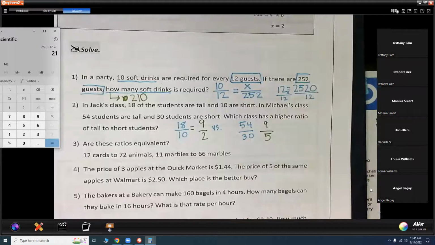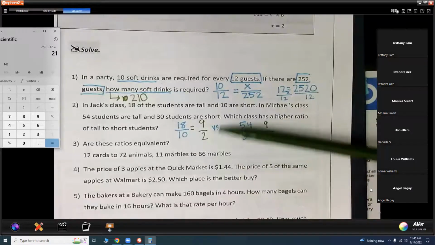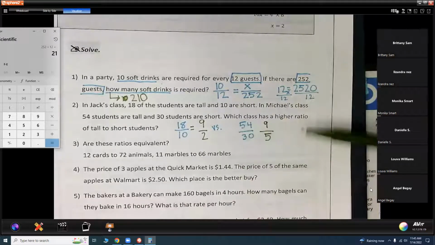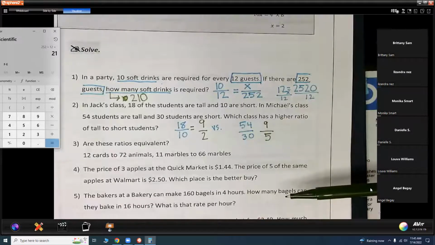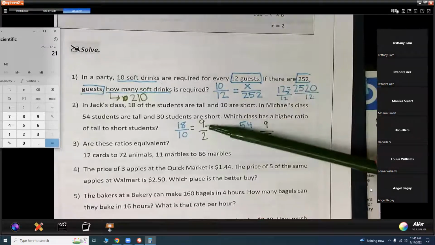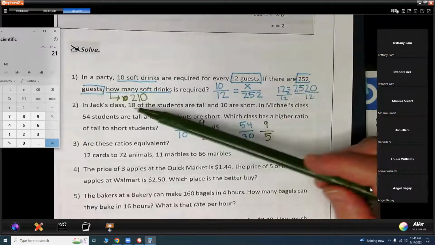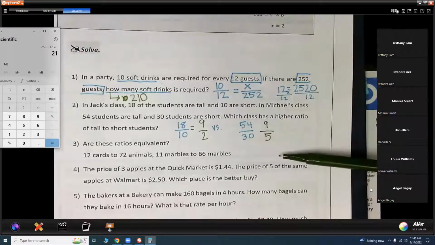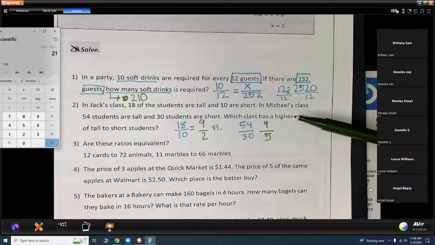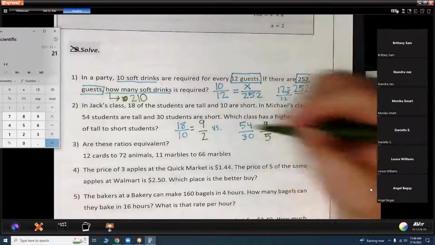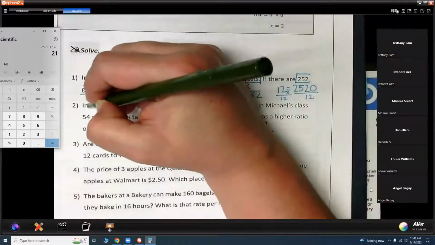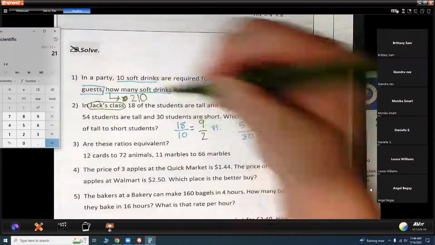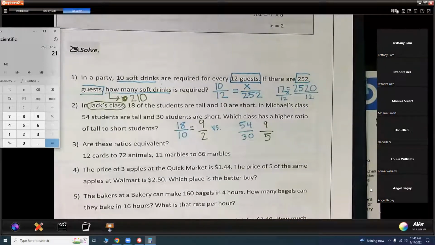So which one has a higher ratio? Is 9 to 2 a higher ratio than 9 to 5? Yes, because there are more tall people to short people in Jack's class than in Michael's class. So Jack's class has the higher ratio of tall to short.